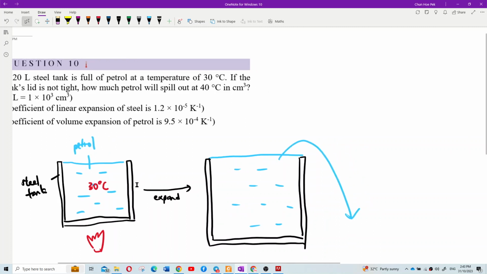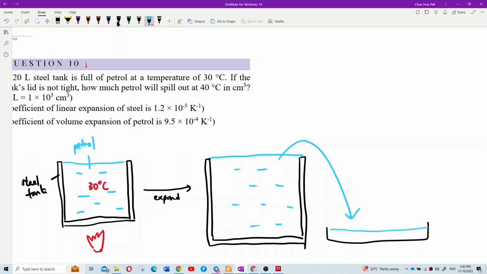It became a bigger tank already, but still not fast enough. So there'll be petrol spill out. Okay, so we put that as volume overflow or volume spilled.